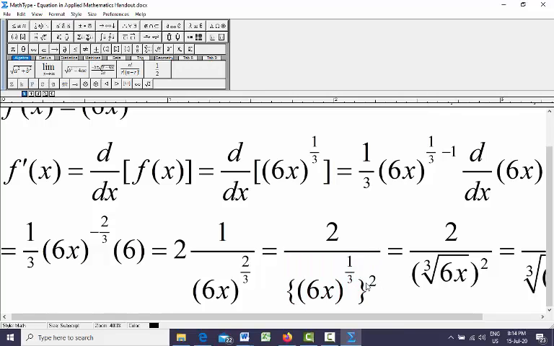If you multiply 1/3 with 2, you get 2 by 3 back.